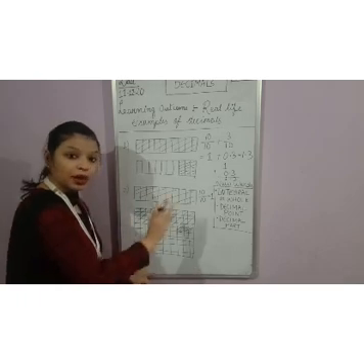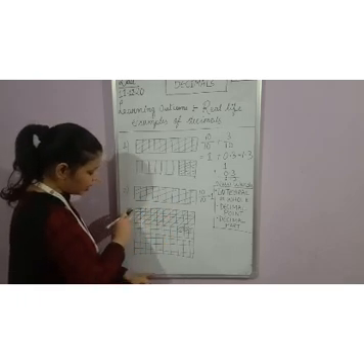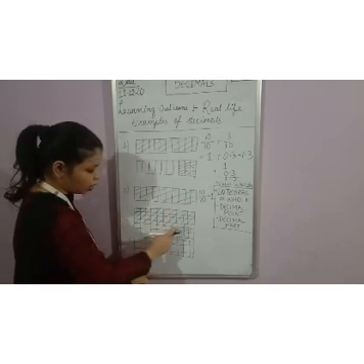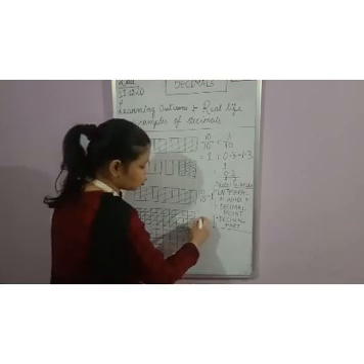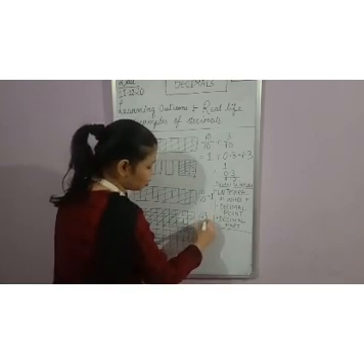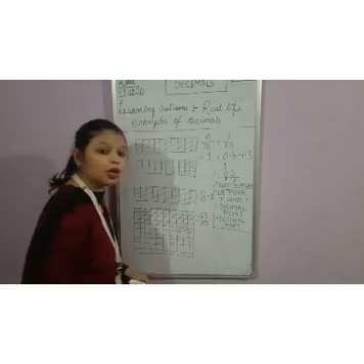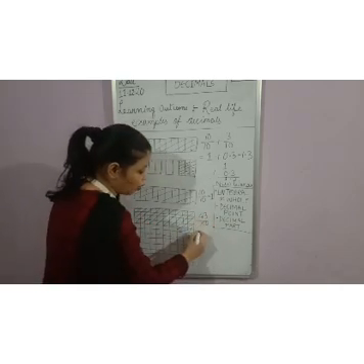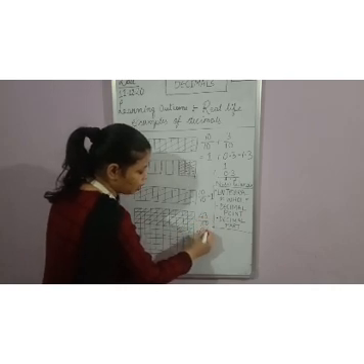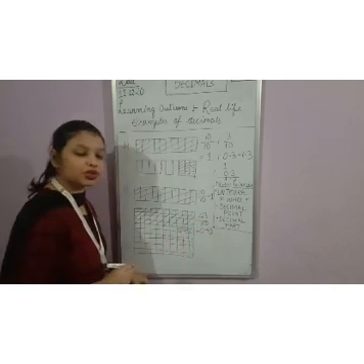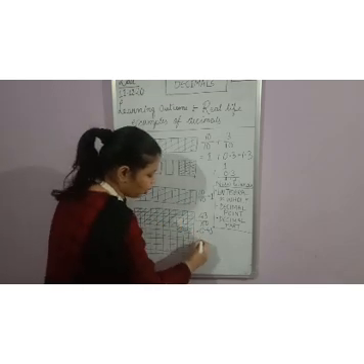This has 100 parts, and out of 100, 10, 20, 30, 40, 41, 42, 43. 43 parts are shaded. So you divide this number by 100, because this figure is divided into 100 equal parts. How many zeros are there? 2 zeros. If you count from the right, you will get 0.43.